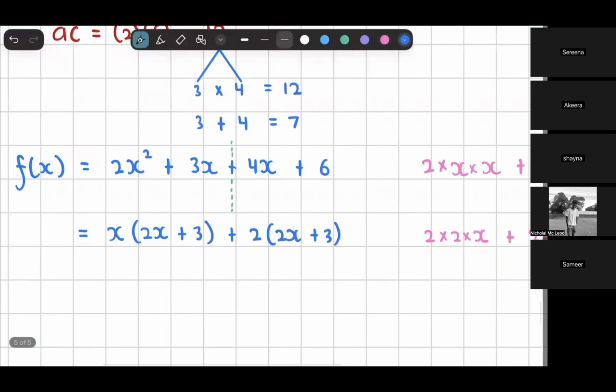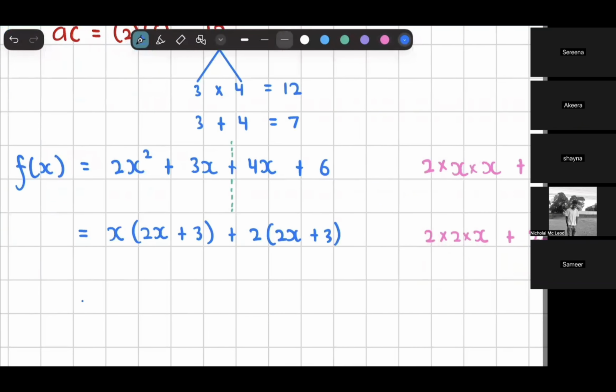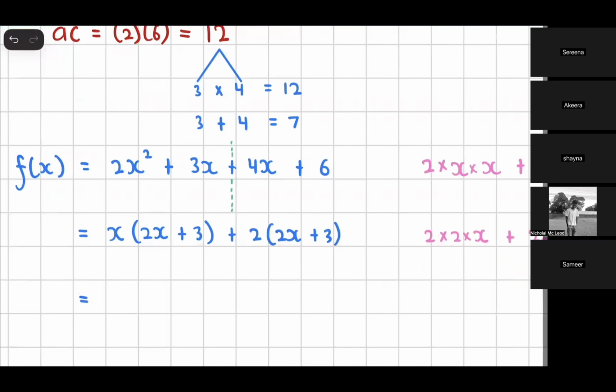Can anybody notice that there's a 2x plus 3 here and a 2x plus 3 here as well? Are you all seeing that? Cool. So if I'm seeing 2x plus 3 in both places, are you all seeing anything in common between this and this? Is there a common factor?